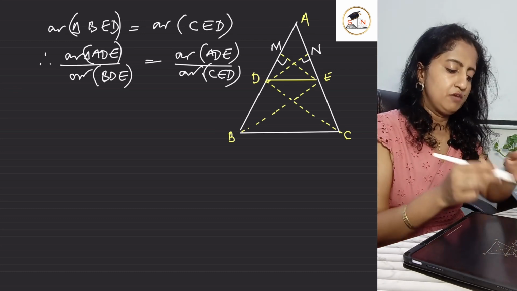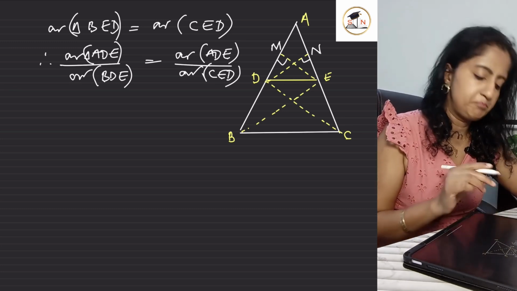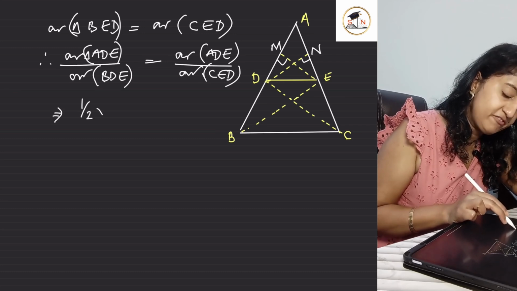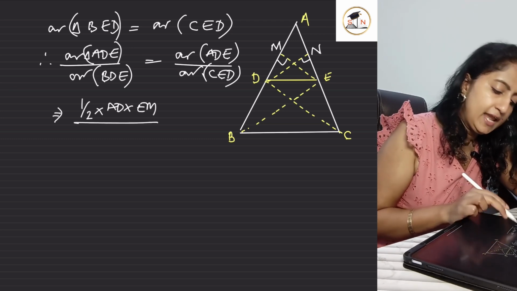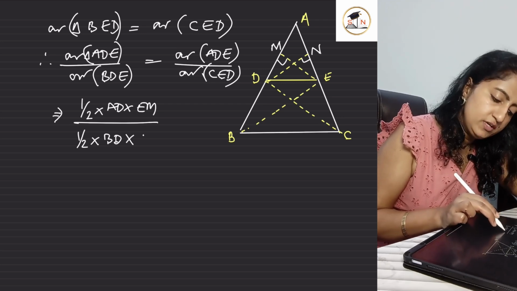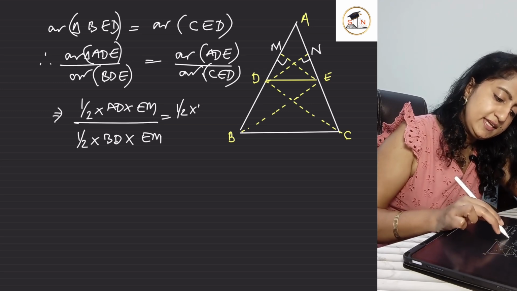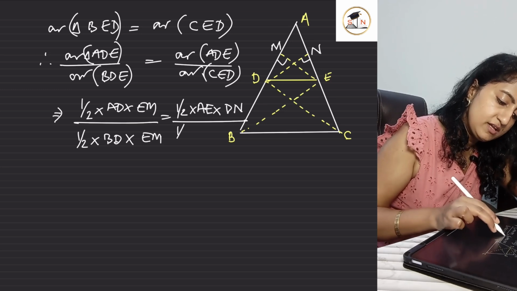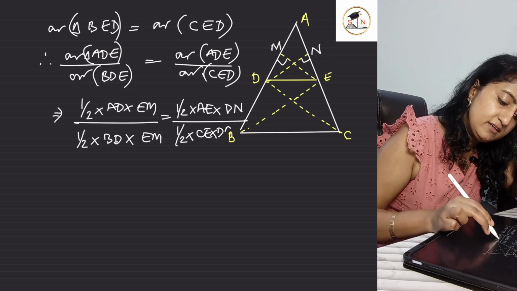Okay. Now, we will just put in the values in terms of the lines that we have done in the previous slide. So, area of triangle ADE, we have taken half into AD into EM, and area of BDE was half into BD into EM, right? Equals half into AE into DN over half into CE into DN, right?